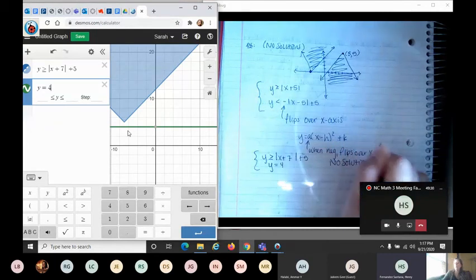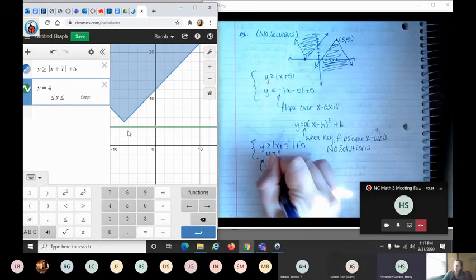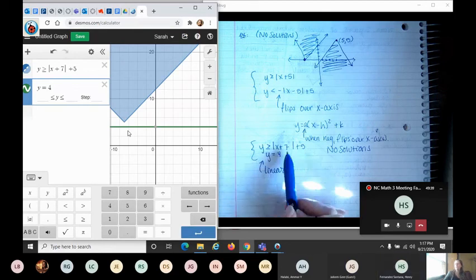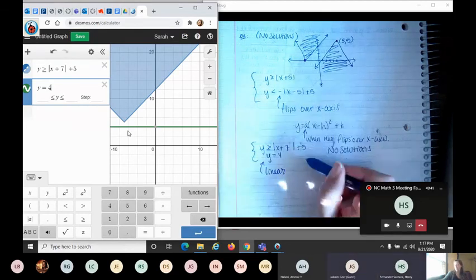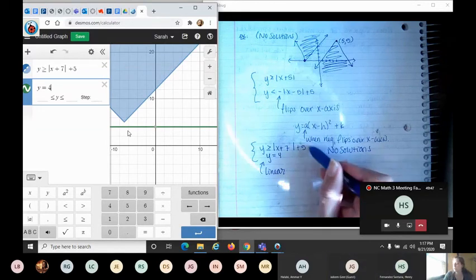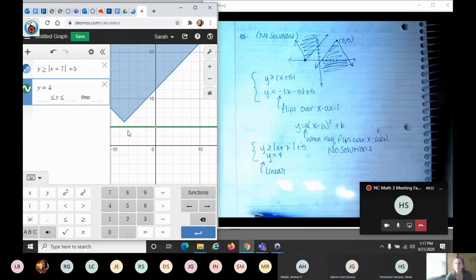The reason why we didn't cover one like that is because this is linear. It's not an absolute value. But this is a totally legitimate system of inequalities and equalities. We just combined absolute value and linear. Okay, so that's a really creative solution. Good job. I appreciate it.